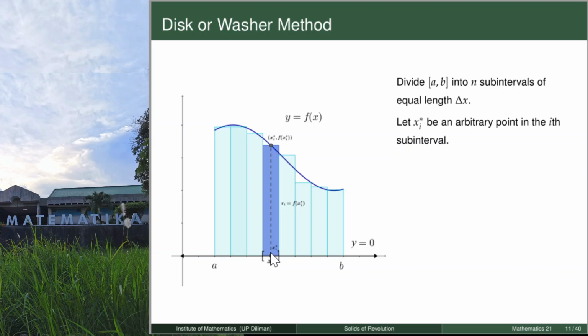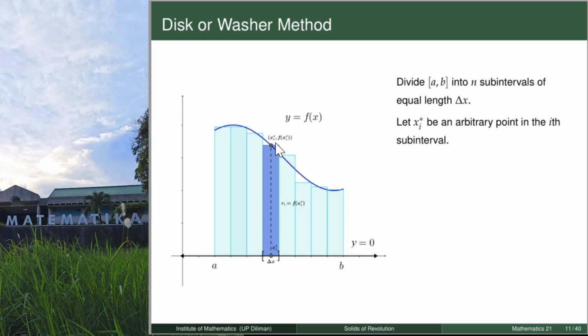Once you have this arbitrary xi star, we will get the y-coordinate associated to this x value. Meaning, we will just find where it hits the curve y equals f of x. In other words, what is that y-coordinate? That is your f of xi star.